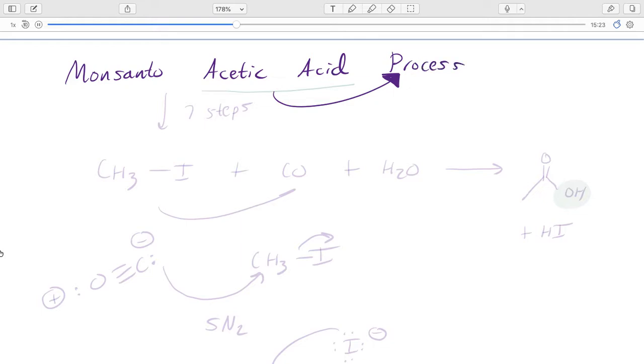Okay. So this goes through 7 total steps. Besides the metal catalyst, we need methyl iodide, carbon monoxide, and I believe we need water. Water does not come in until the very end.